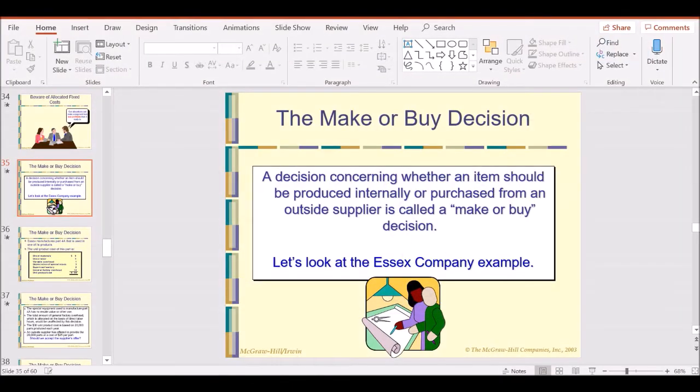Decision rule is simple like before. So if you are having some savings, you should choose that option. You should not choose that option which is increasing your cost. Simple. Let's look at this example.